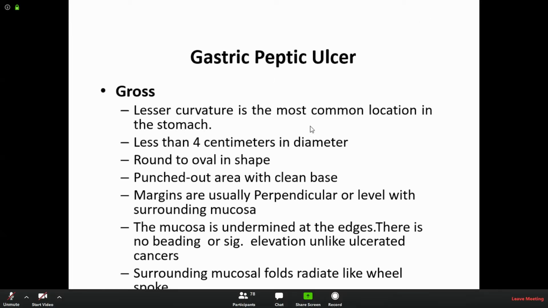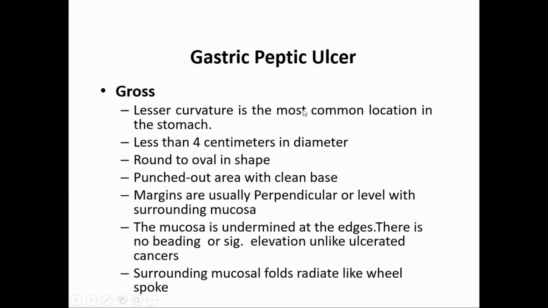As I told you, it is in the lesser curvature, more common in the antrum. It should be less than 4 centimeters, round or oval in shape, a punched out area with a clean base. Margins are perpendicular, and the mucosa is undermined at the edges.